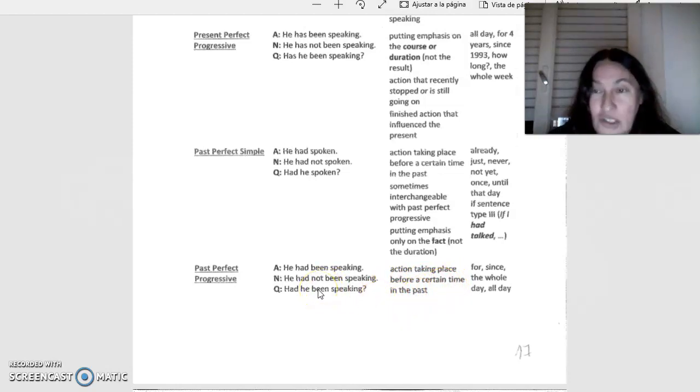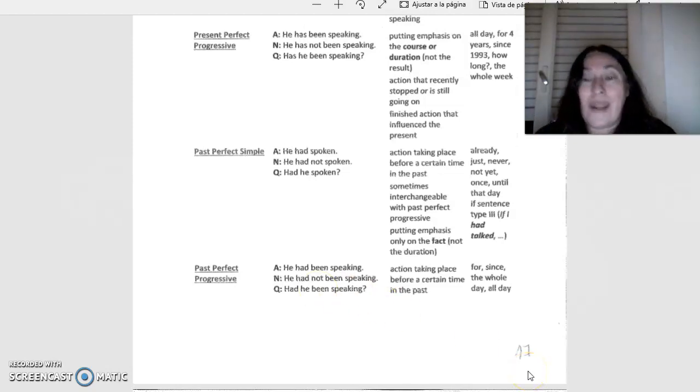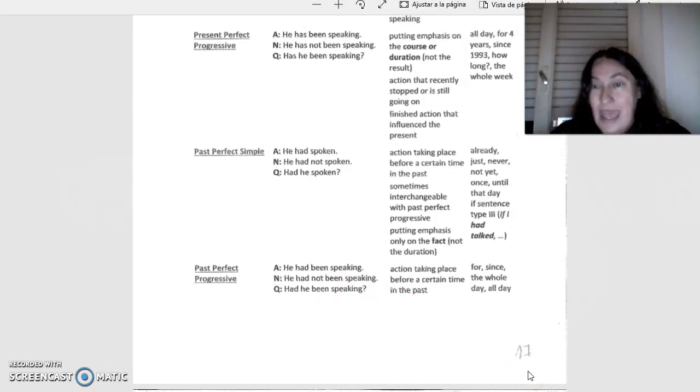This includes not only a more past action, but also, as we said before, duration. So we could say, when I arrived at the party, they had been celebrating for hours. Okay? So, can you see that there is length, that this is a long action?